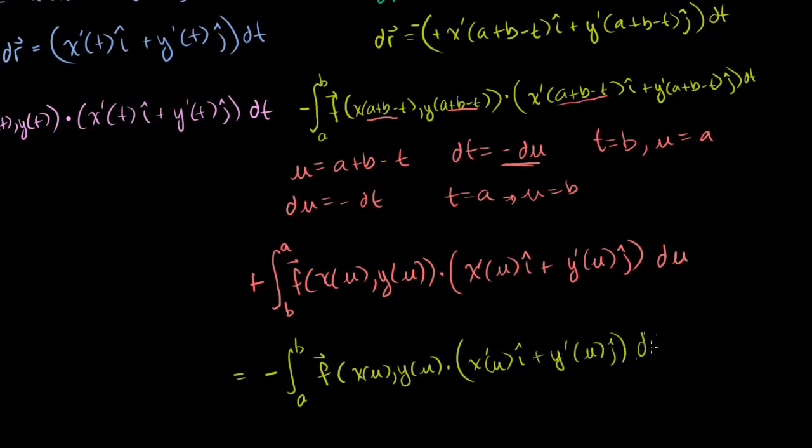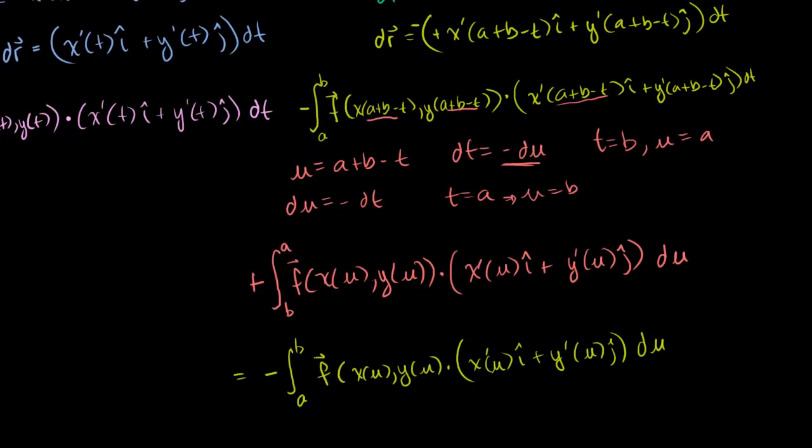And now this definite integral is identical to that definite integral. We just have a different variable. We're doing dt here, du here, but we're going to get the same exact number for any a or b, and given this vector f and the path, the position vector path r of t.